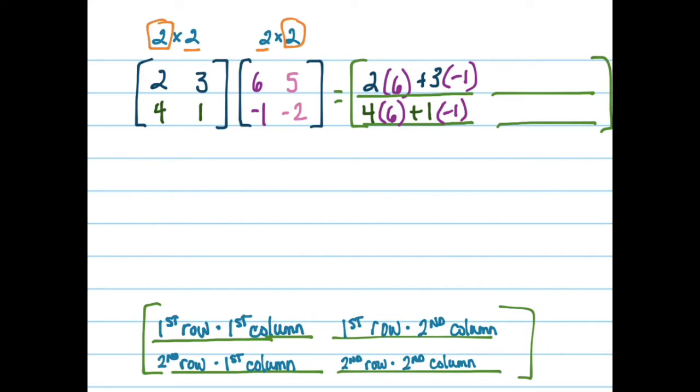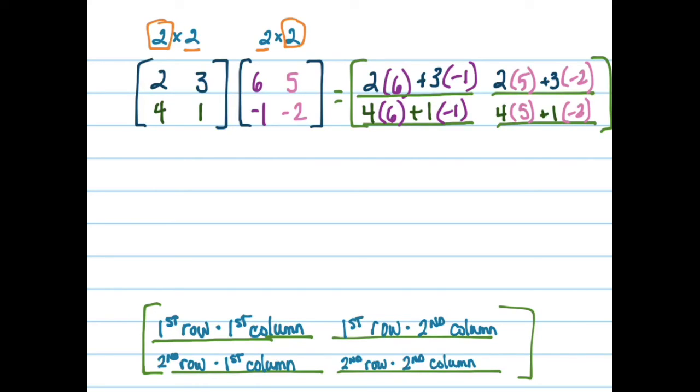Except we're in the first row again, so I have my 2 and my 3, and I'm going to multiply that by now that second column, which is 5 and -2. All right, now look again. I have my second row, 4 and 1, but I still have that second column, 5 by -2.